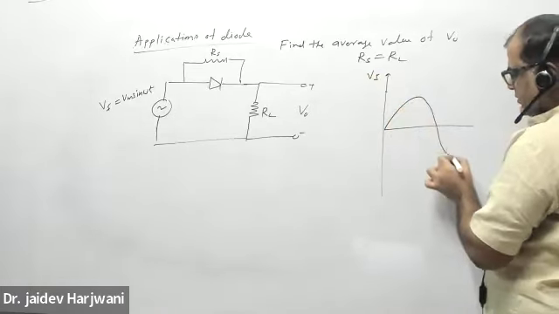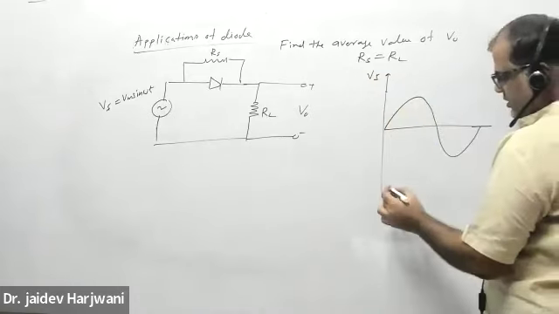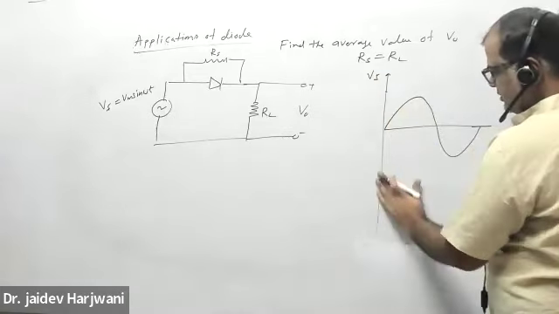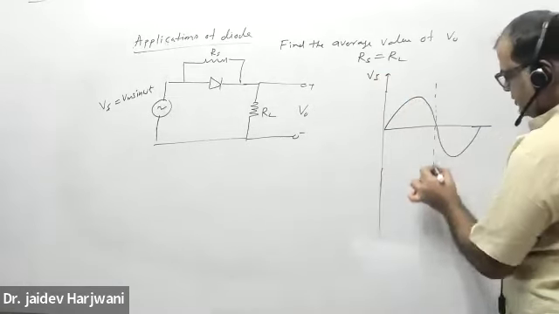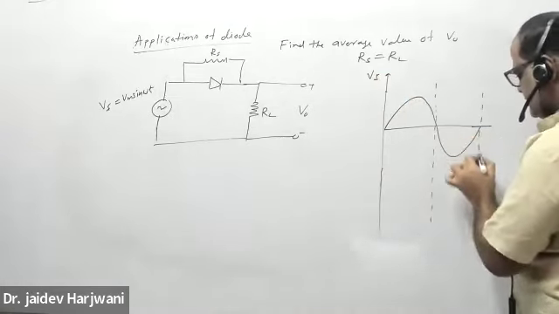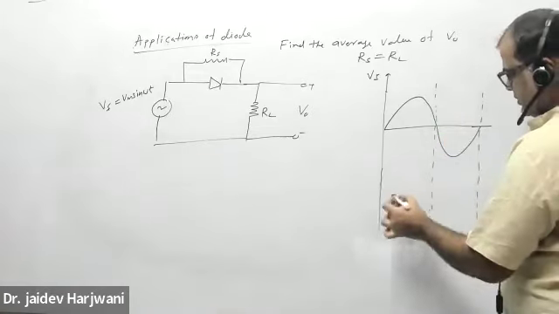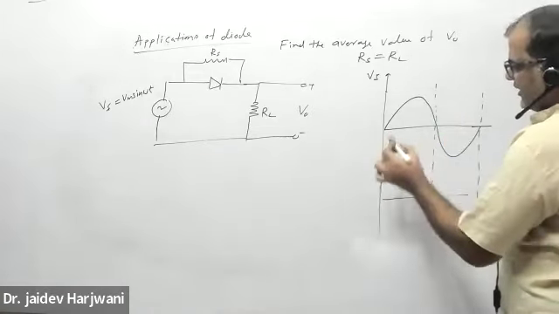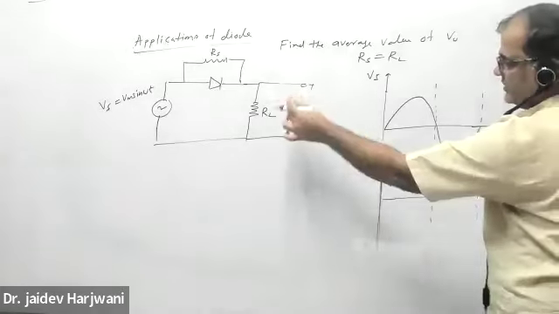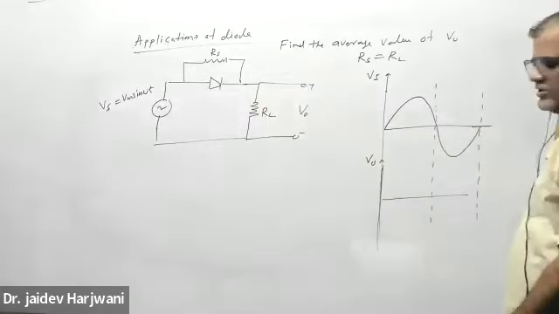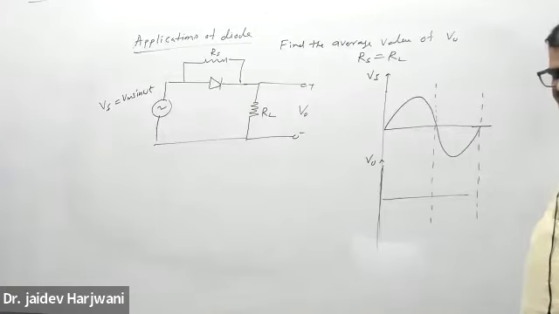For the positive cycle, what is the value of V output? Tell me, by seeing these both are the same. For the positive cycle, is the diode forward biased or reverse biased?